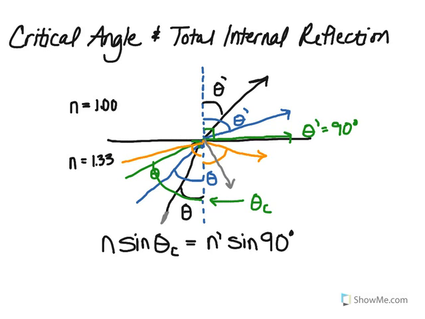The sine of 90 degrees comes out to be 1. So you can actually simplify this to say that the sine of the critical angle is equal to n prime over n. So this secondary equation may or may not be one that you choose to memorize. You might prefer just to think of it more conceptually along with the original Snell's law.